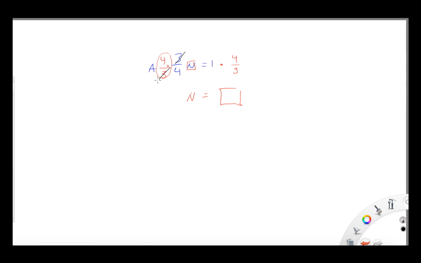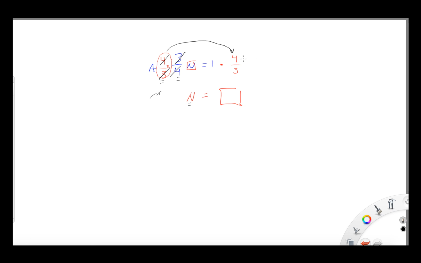Basically, those can be canceled out, and the 4's can be canceled out, because 4 divided by 4 is 1, 3 divided by 3 is 1. So 1 is exactly what we want. We want n by itself. But what we did was we took it over on this side and did the exact same thing. You don't want to take the original 3/4. You want to take the reciprocal.